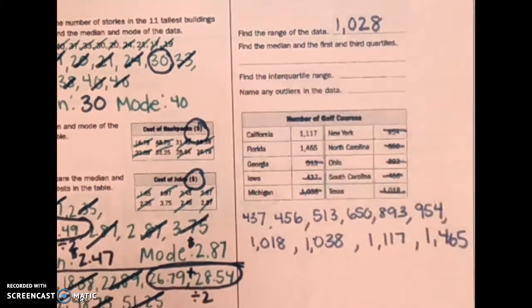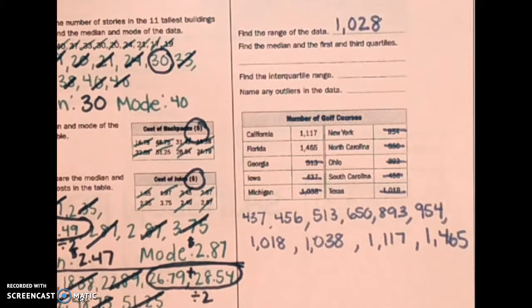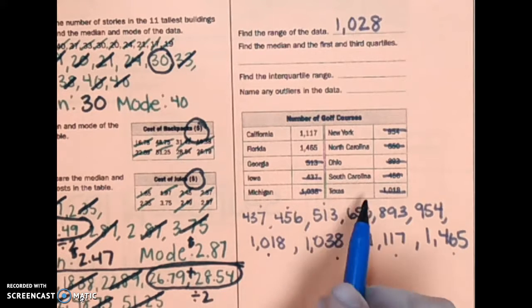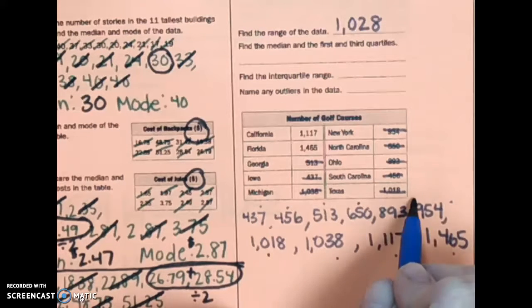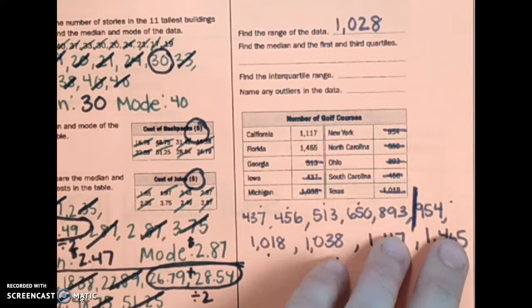1028. Okay, this next one we're going to find the median and then the first and third quartile. So let's find the middle. The median is going to be right there. So we need to add those two numbers around it together. So 893 plus 954.